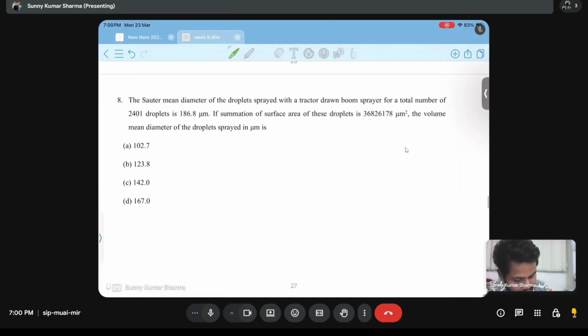So next: the sorted mean diameter of droplets sprayed with a tractor drawn sprayer for a total number of 2401 droplets is 186.8 micrometer. This is the sorted mean diameter. If the summation of surface area of these droplets is this, the volume mean diameter of the droplet will be? Sorted mean diameter means sigma Ni Di cube by sigma Ni Di square.